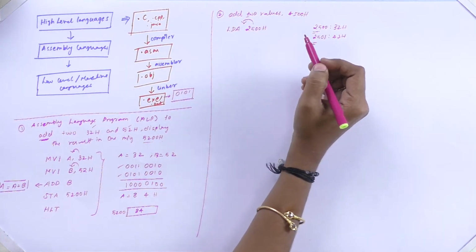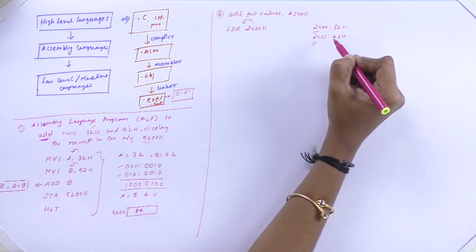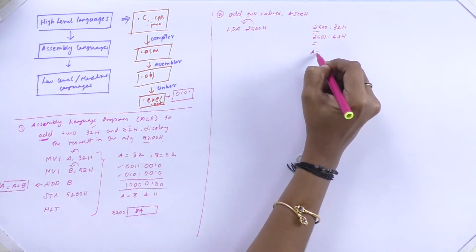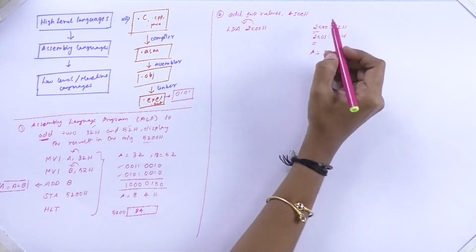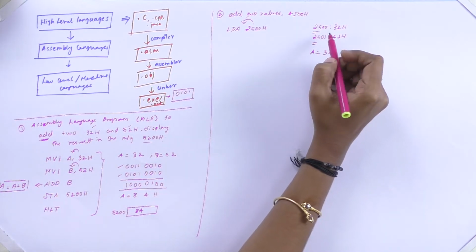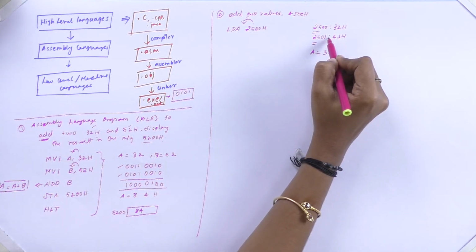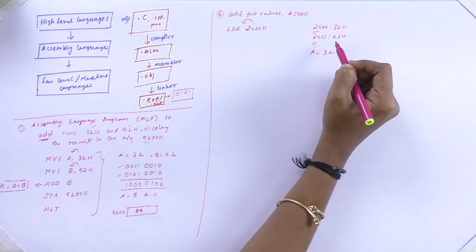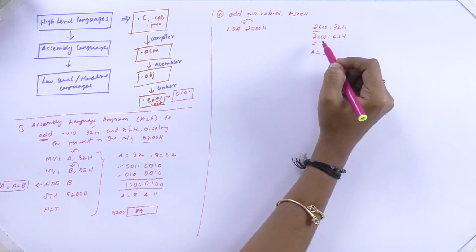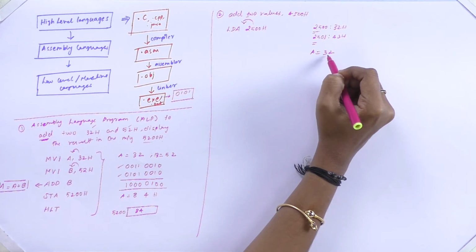So now the value of accumulator will become 32. Next, if you want to load the second value to the accumulator, we are already having the value in accumulator as 32.